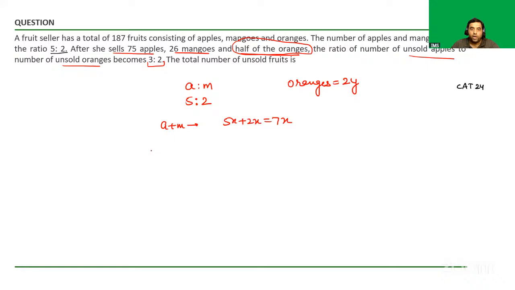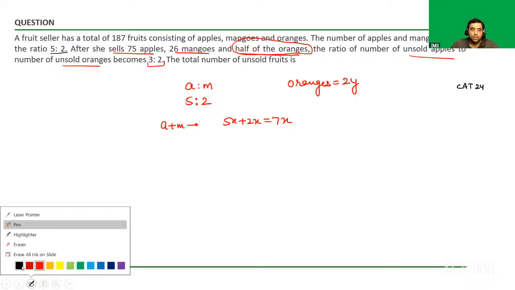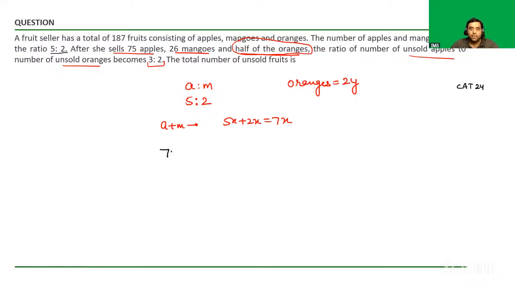And now, according to the question, we can say that 7x, which is the sum of apples plus mangoes, plus 2y equals 187, which is the total number of fruits mentioned in the beginning. Now, if I need one more relation between x and y, my job will be done. They've stated that 75 apples were sold.